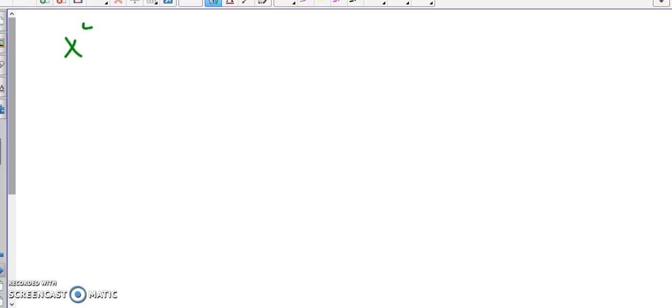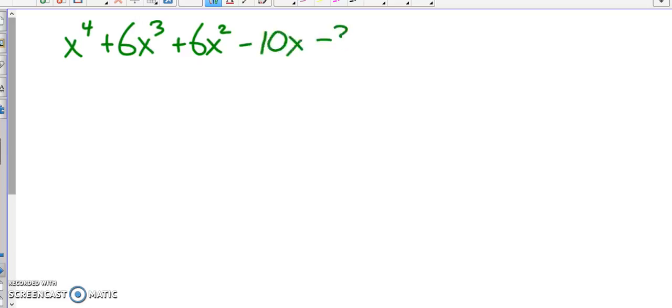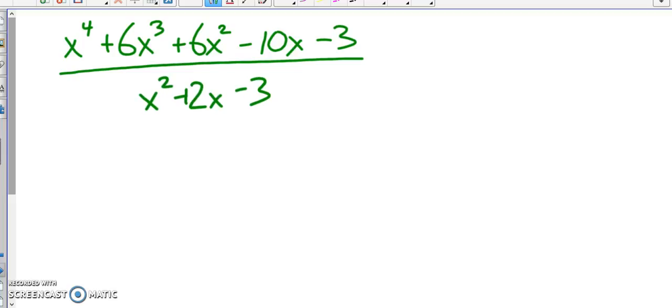Let's say I've got x to the 4th plus 6x cubed plus 6x squared minus 10x minus 3 divided by x squared plus 2x minus 3. So notice that my divisor here is a bit more complicated, but the procedure is still the same.